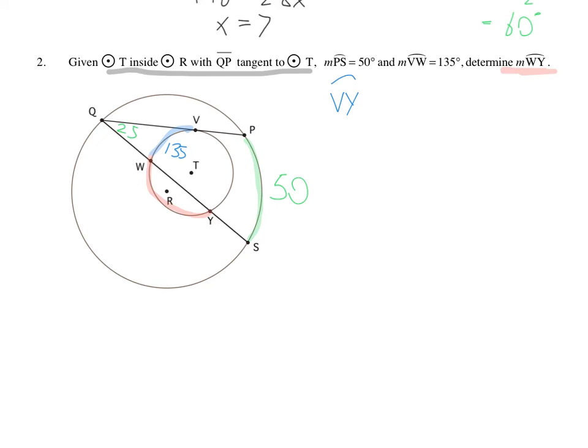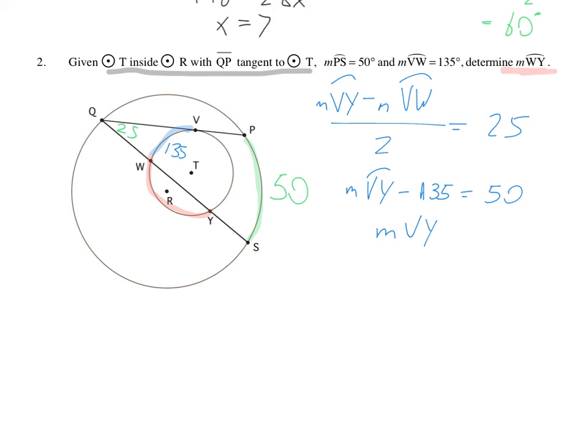So VY minus the measure of VW over 2 needs to equal 25. So solving that up, we get the measure of VY minus 135 is equal to 50. So the measure of VY is going to be equal to 185. From that point, we're going to have to solve for YW.